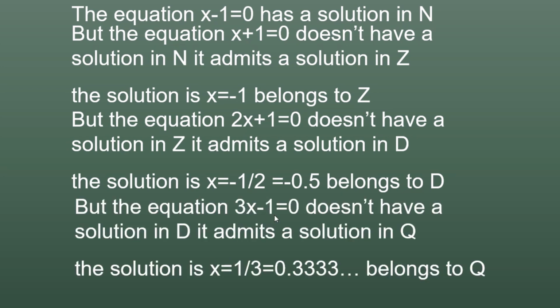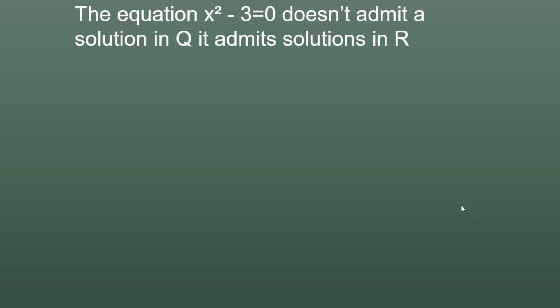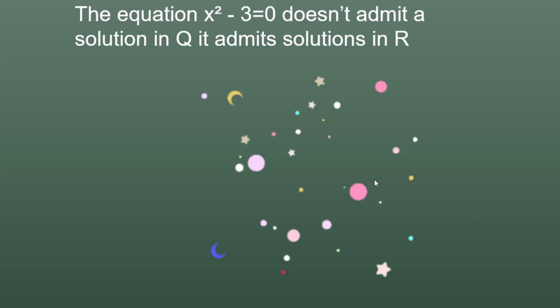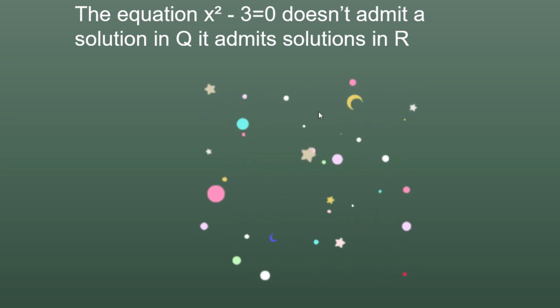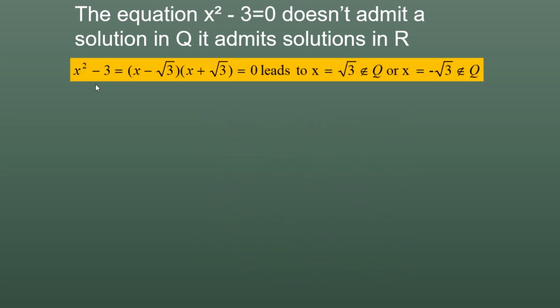The equation 3x minus 1 equals 0 doesn't have a solution in D. Why? Because x equals 1 over 3 equals 0.3333, etc., which is not decimal. It belongs to Q but doesn't belong to D. The equation x squared minus 3 equals 0 doesn't admit a solution in Q. It admits solutions in R. Why? x squared minus 3 can be factorized as x minus radical 3 times x plus radical 3 equals 0.